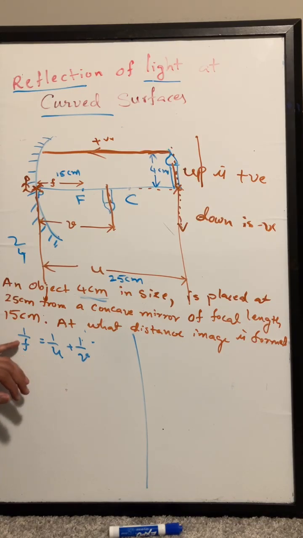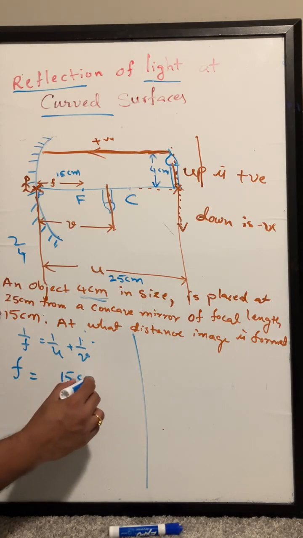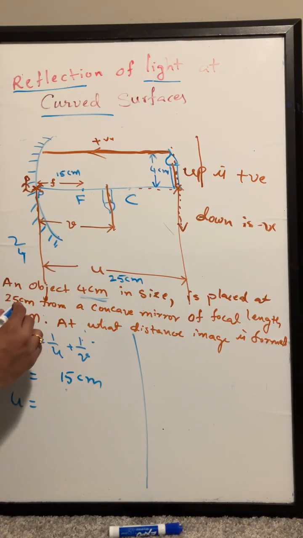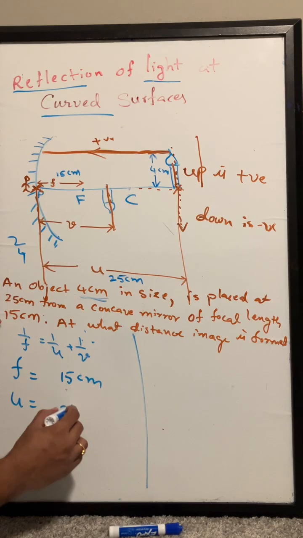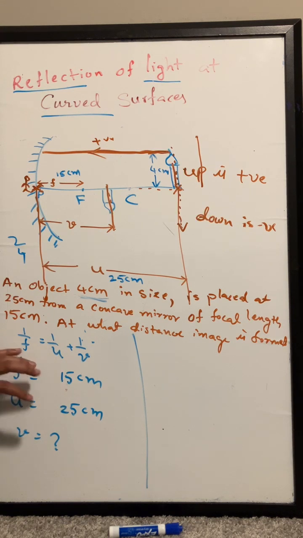We know f value, focal length is 15 centimeters. Good. And u is placed at 25 centimeters. Good. And he is asking v.